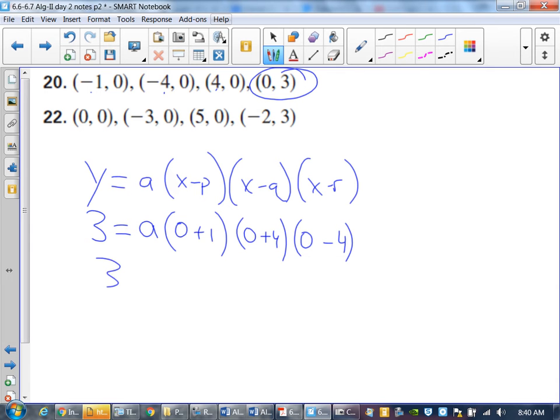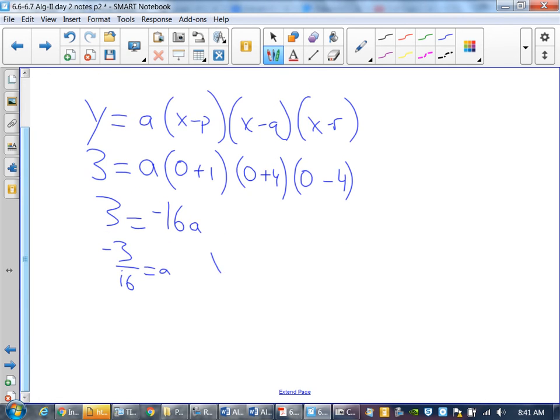So 3 equals -16a, which means a is -3/16. So then my final answer becomes y equals -3/16 (x plus 1)(x plus 4)(x minus 4).